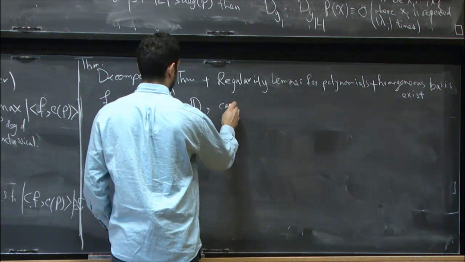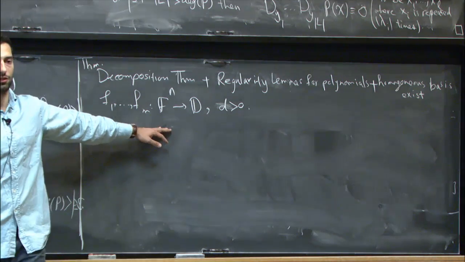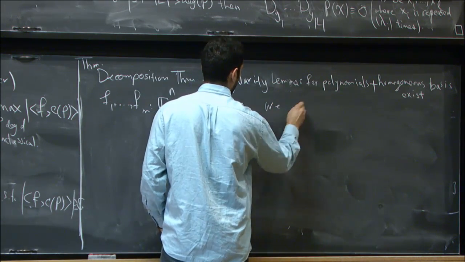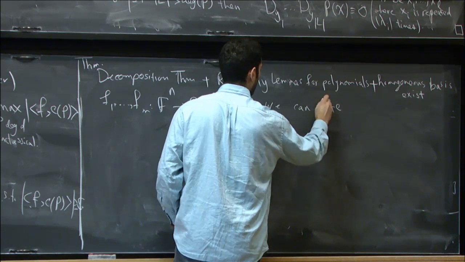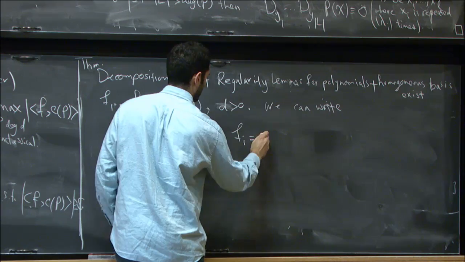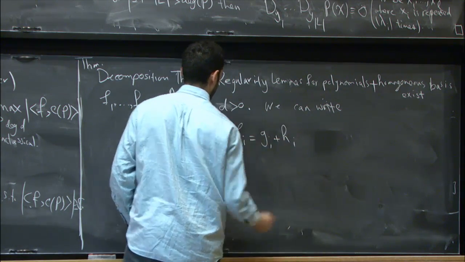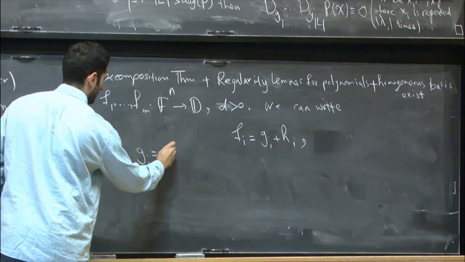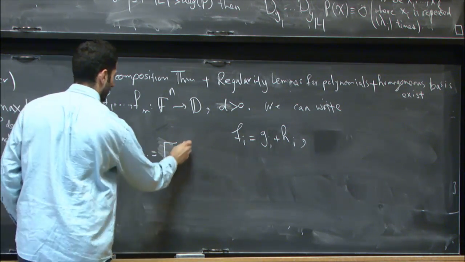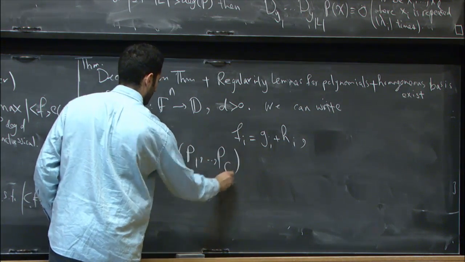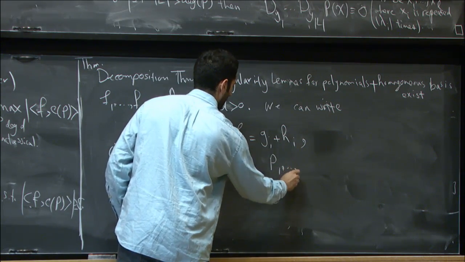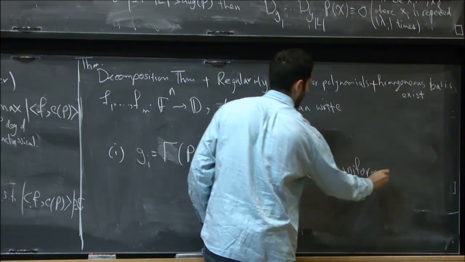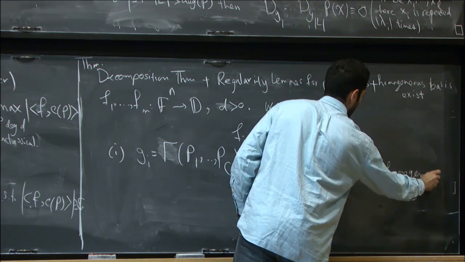a collection of functions and an integer D, we can simultaneously write our functions as gi plus hi such that the following things hold. gi is a function of a collection of polynomials p1 up to pc that are uniform, homogeneous, and of degree d.